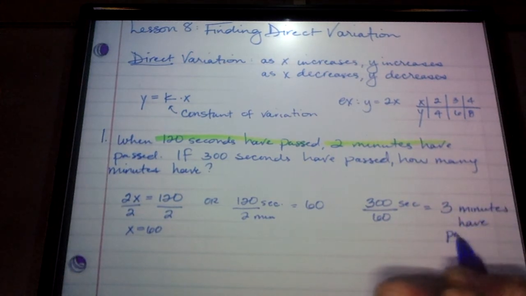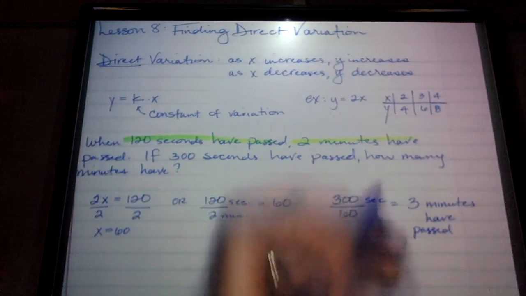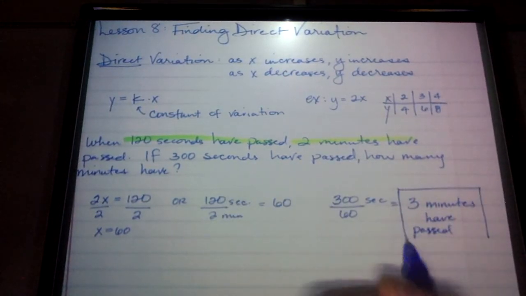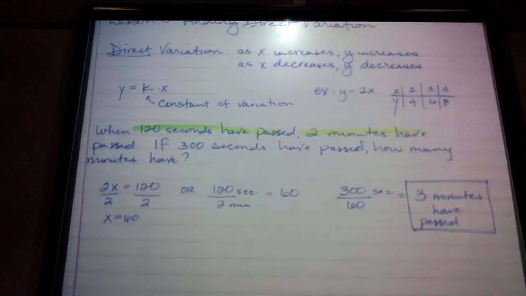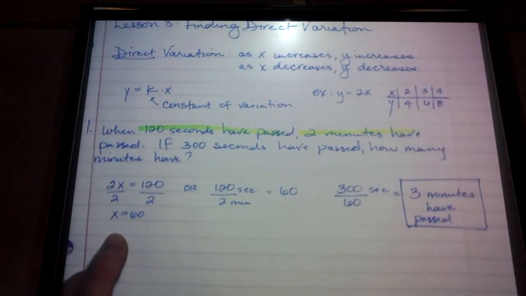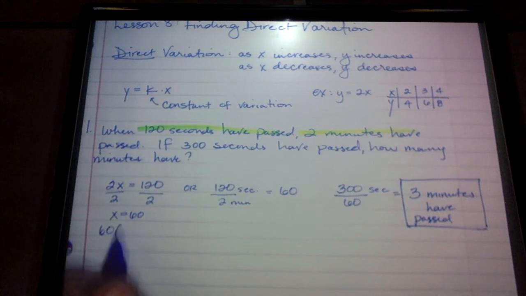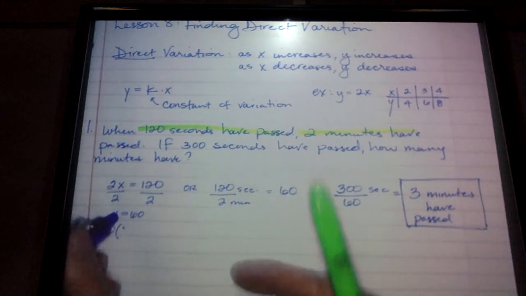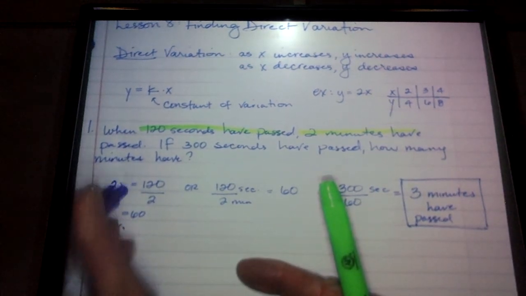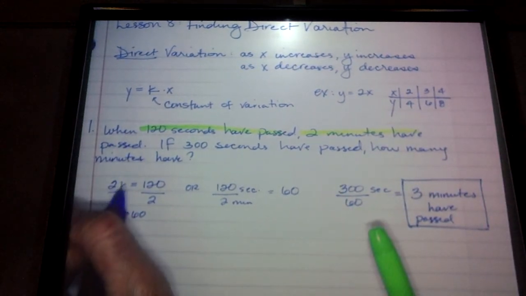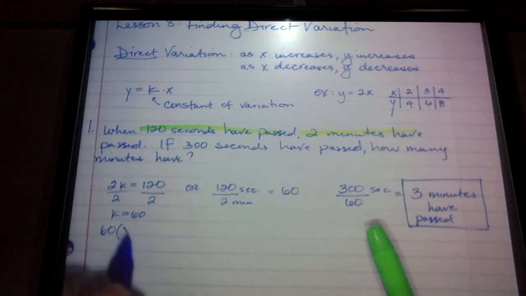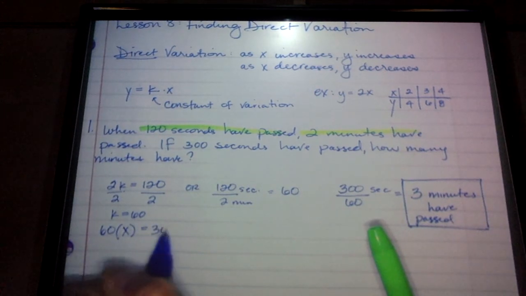have passed. Now, that is how to do it mentally. If you use a variable, for example here, 2 times x, whatever that is, gave me 120. Once I solved it for 60, I would say, well, 60 times the number of minutes, so this would technically be k. So 60 times however many minutes equals 300 seconds.